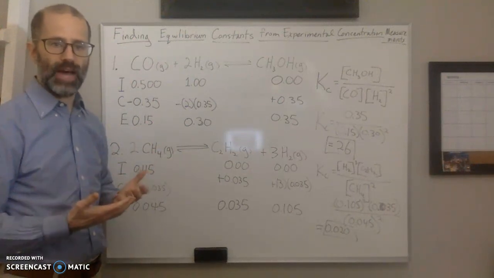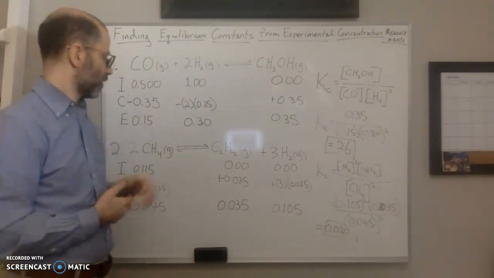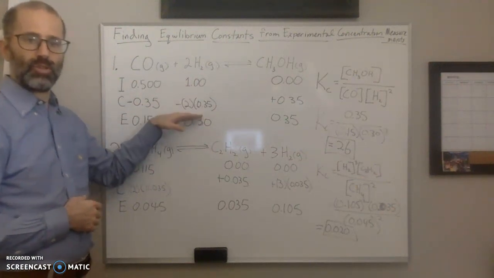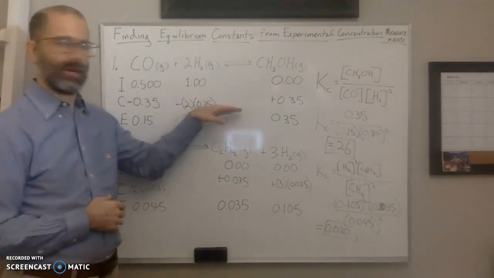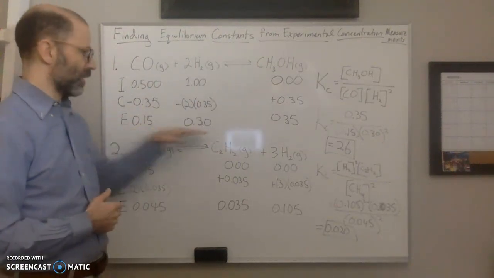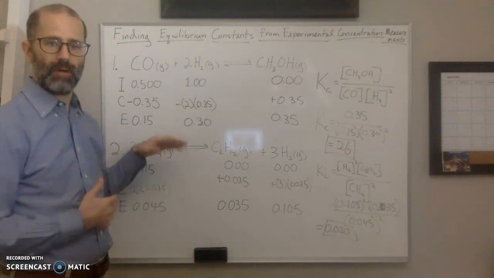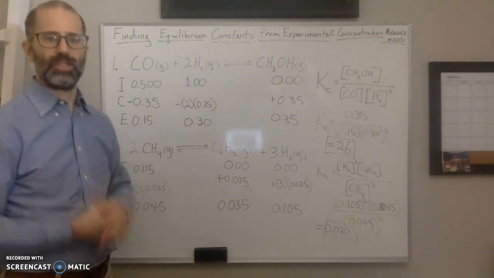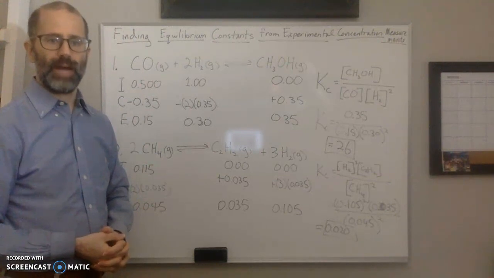If they give you that, then all you need to do is figure out the change, and then use the stoichiometry of the balanced equation to find the changes of the others that are missing, and then you can either add or subtract that amount to get the equilibrium concentrations of your products or reactants.